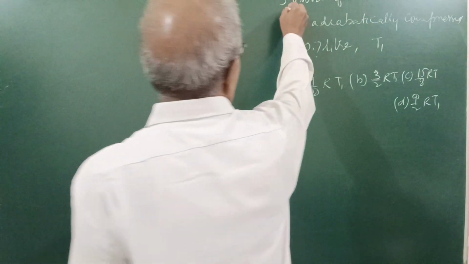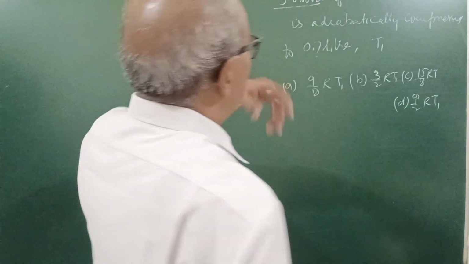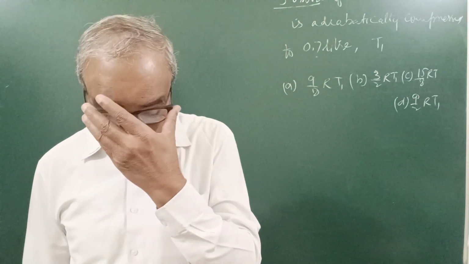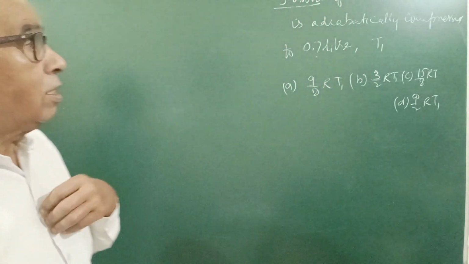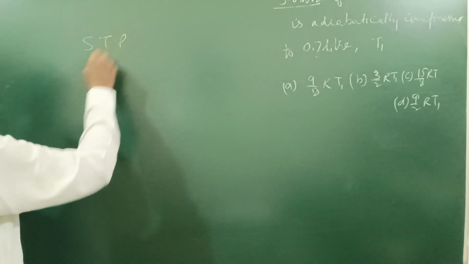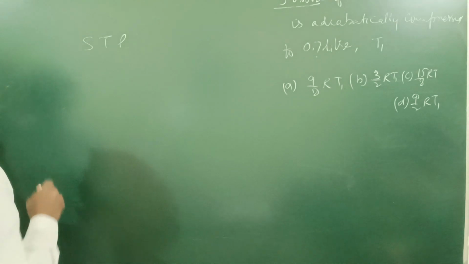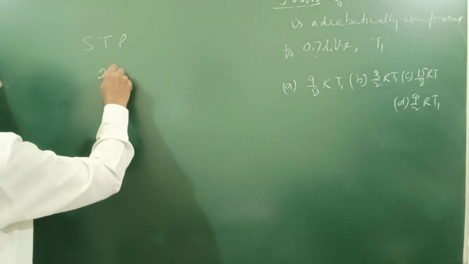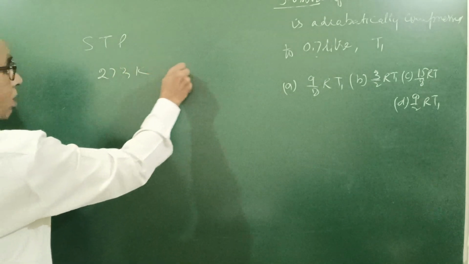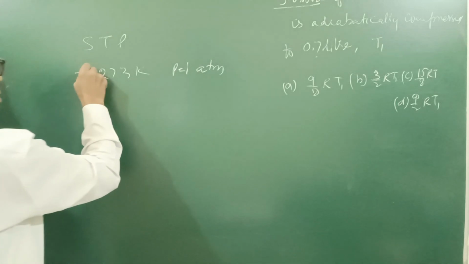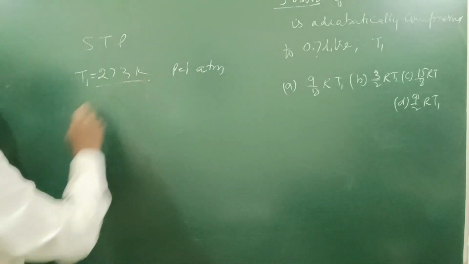So the volume is 5.6 liter at STP. The gas is initially at STP, meaning 273 Kelvin and 1 atm pressure. The temperature T1 is what they have taken.